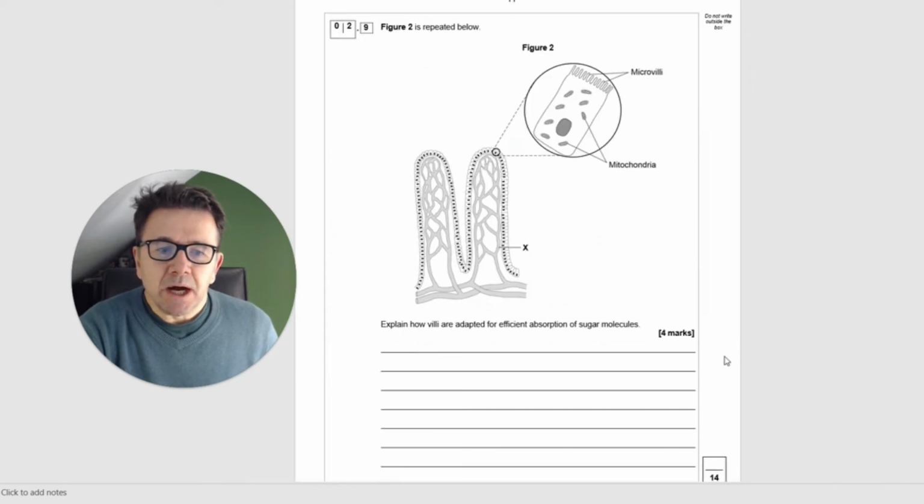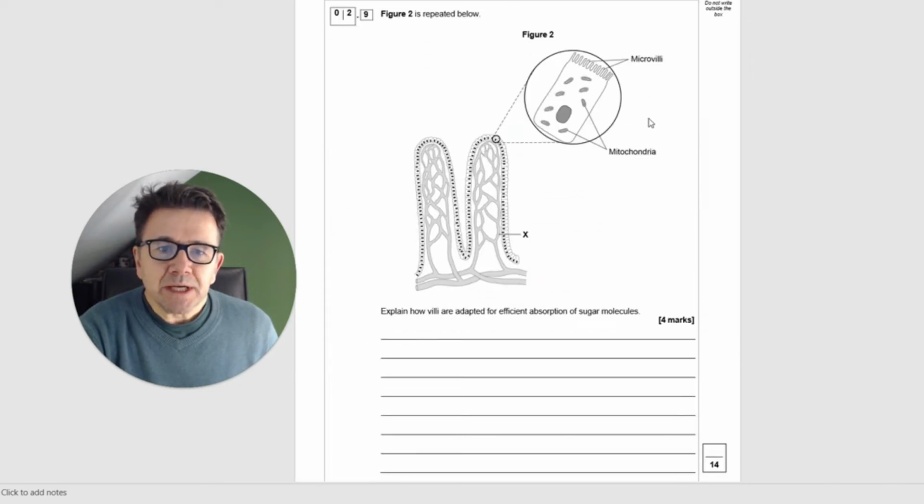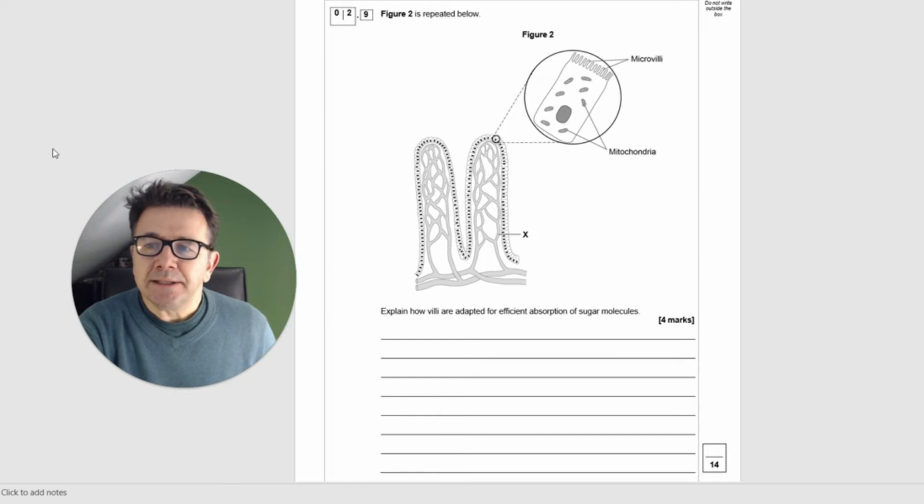Right, 2.9, so there's 4 marks here. They show you how villi are adapted for efficient absorption of sugar molecules. Now, you talked about villi when we did digestion, okay, but also this is related to gas exchange, and you did that in cell biology as well.